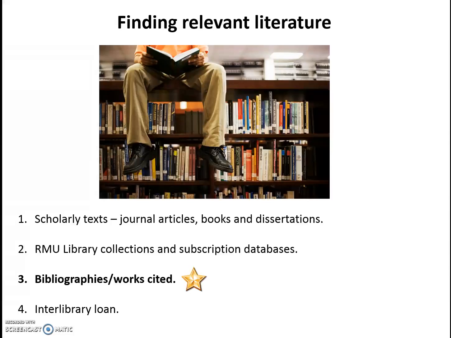In fact, the reason that people craft bibliographies and works cited is that if a reader wants to go back and see the work that this person used upon which to base their study, they can do so. So they provide you all the information you need: the author, title, issue, volume, date, etc. So looking at bibliographies and works cited is a really fast and easy way to collect a lot of possibilities of pieces of information for your literature review and to really ground you in the topic.